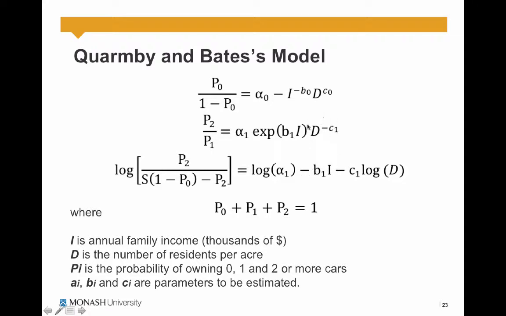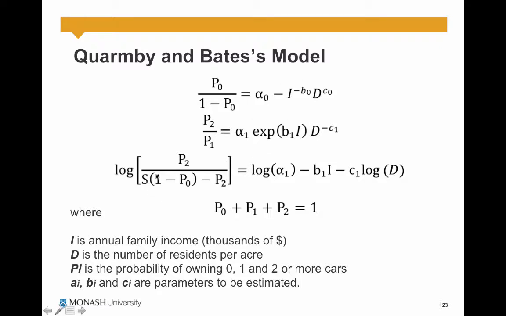And when you take the logarithm of a term like this with the power, this power comes out in front of the logarithm, and we will therefore have minus C1 logarithm of the population density. Again, there's no need to memorize these formulations. If someday you need to calculate car ownership probabilities, you can always come back, have a look at these equations, and try to estimate them.